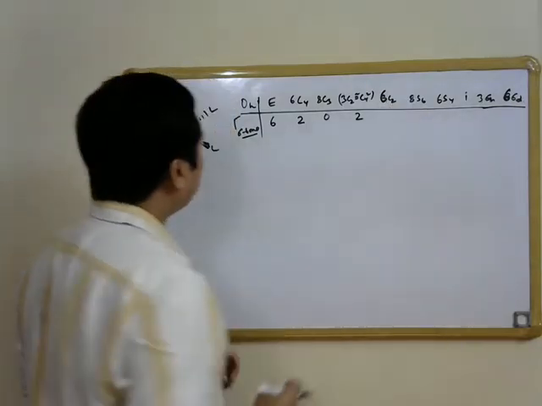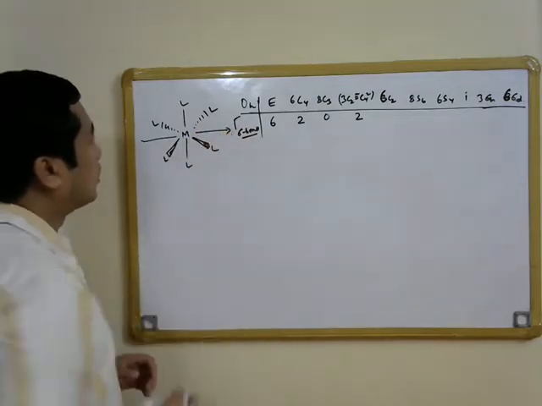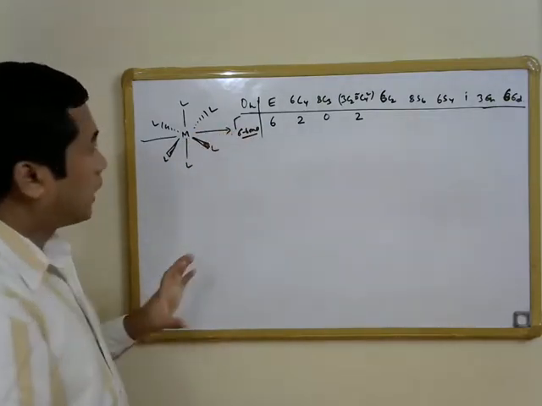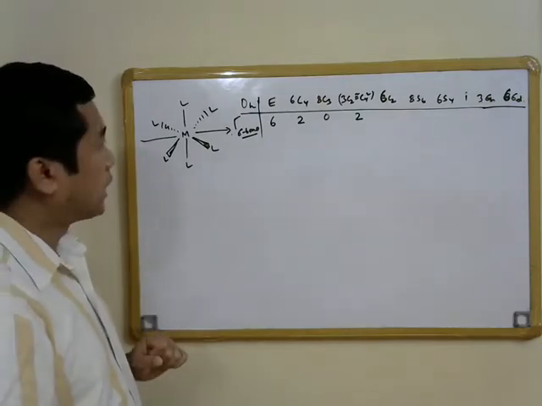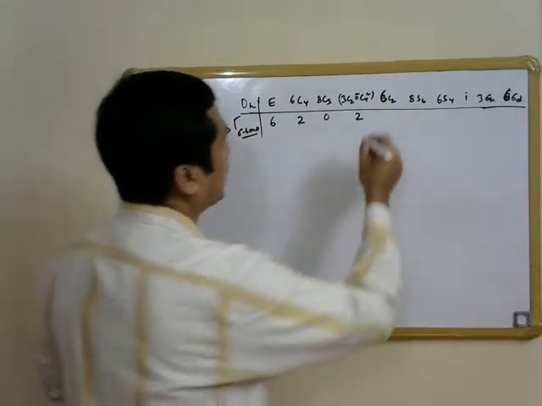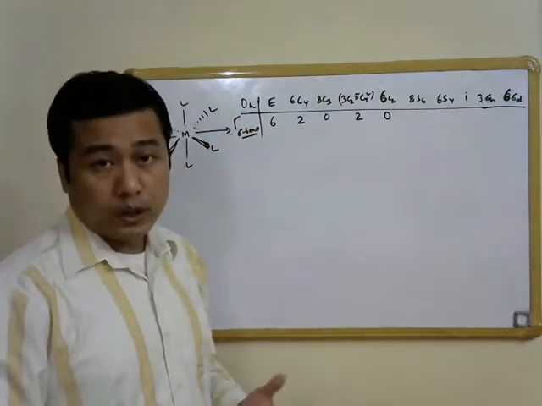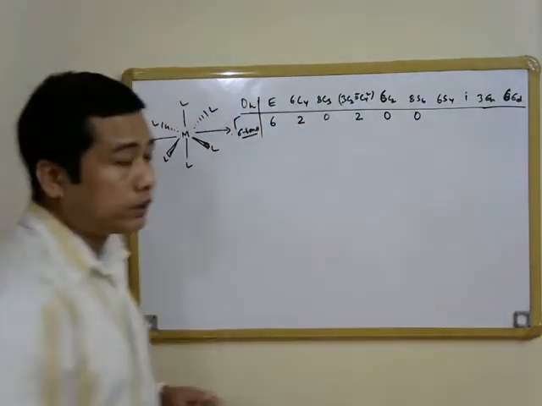These 6 C2 axes pass through this way. So when we do this C2 operation, all the ML bonds change position, and that is why the character is going to be equal to 0. Again, when we do S6, S6 are collinear to the C3, again the character is going to be equal to 0.